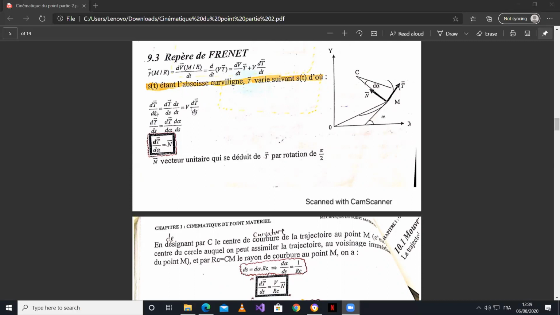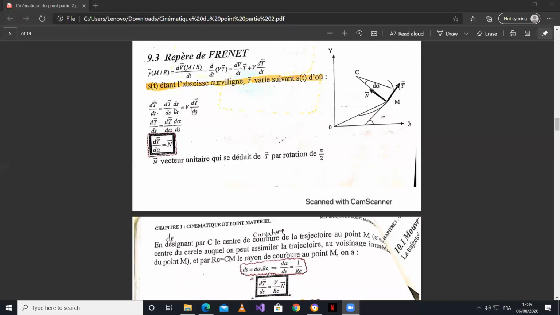Now dt over dt, we are going to decompose it into something that we can actually differentiate and advance from there, because from here we're blocked. We don't have an expression of the tangent in terms of time that we can derive. So we're going to say dt over ds multiplied by ds over dt.